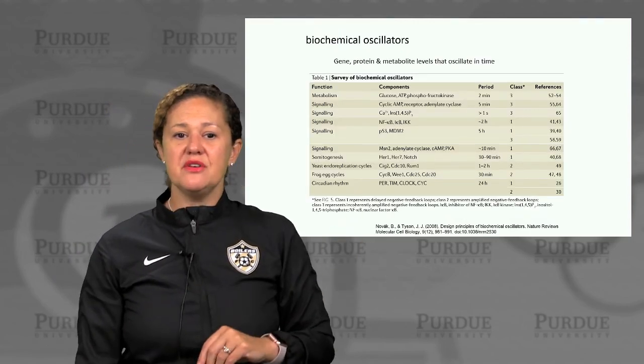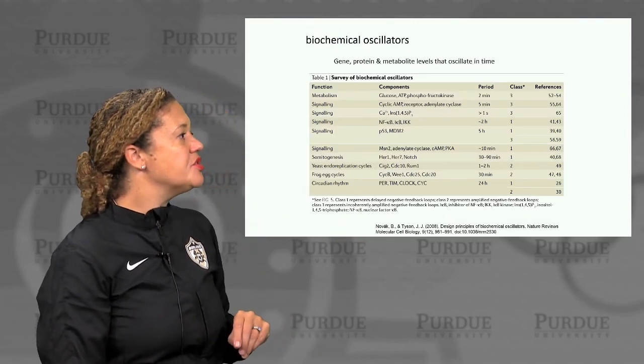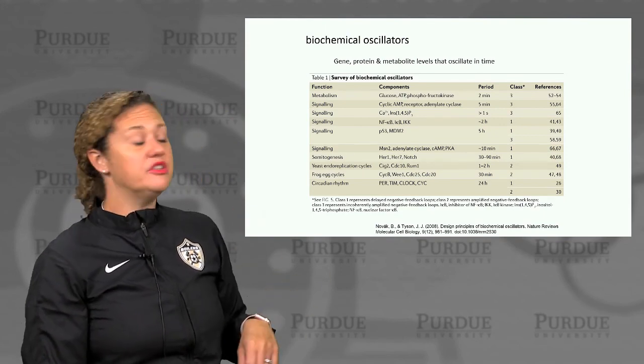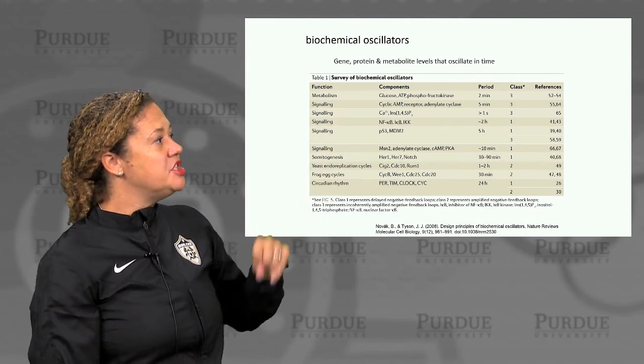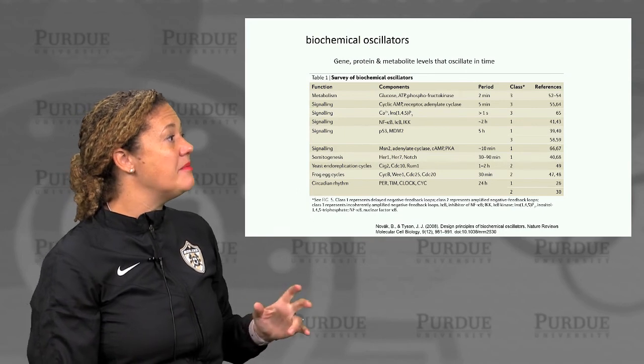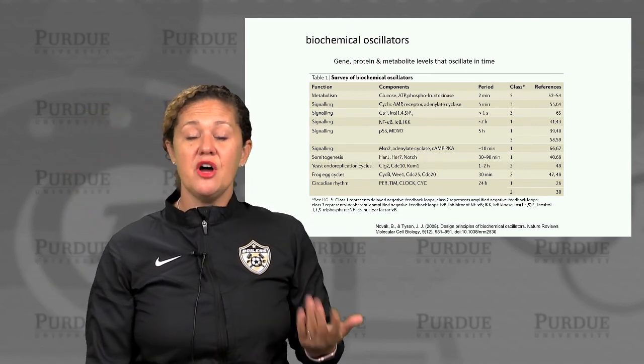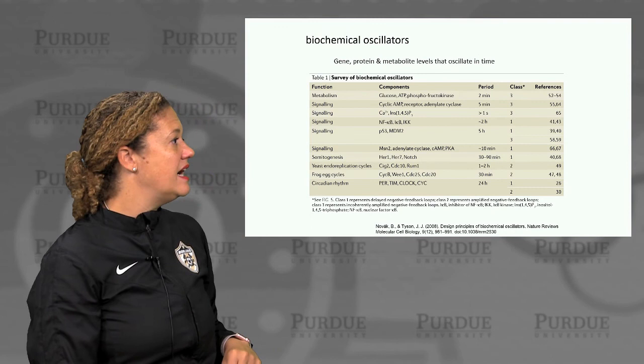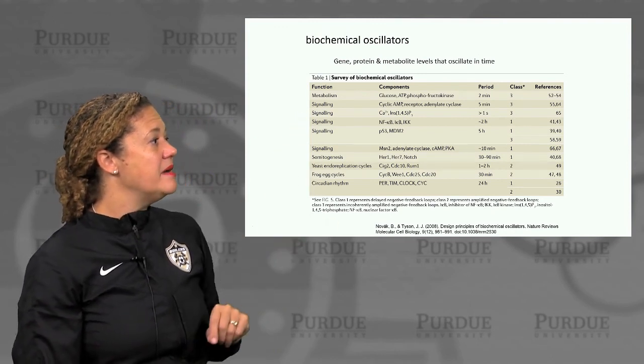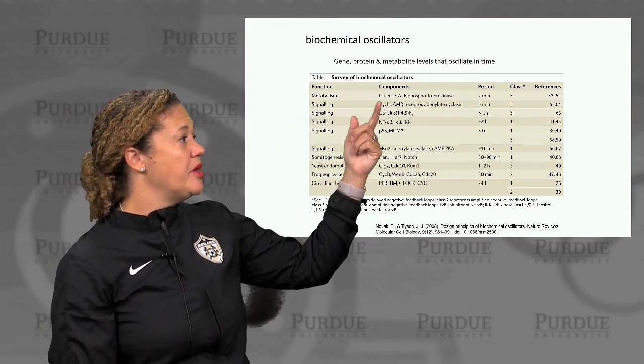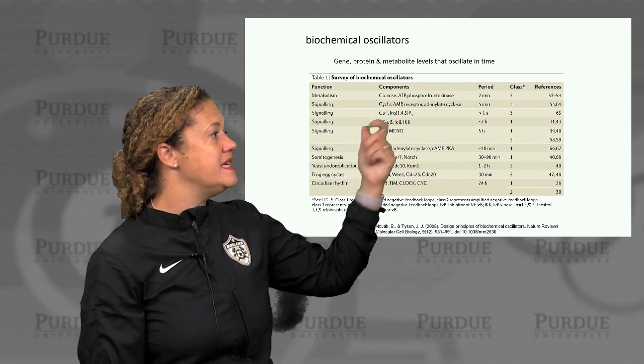So let's look at some different biochemical oscillators. At the cellular level, gene systems, proteins, and metabolites all have examples that oscillate in time. I mentioned metabolism before, including components such as glucose and ATP.